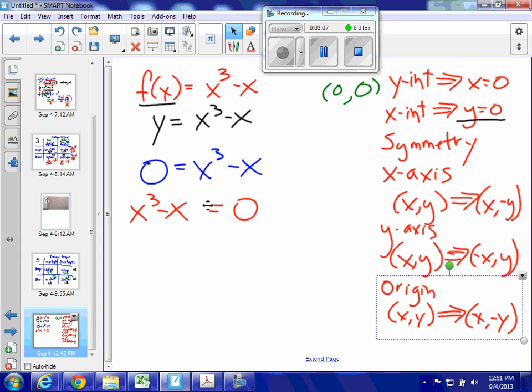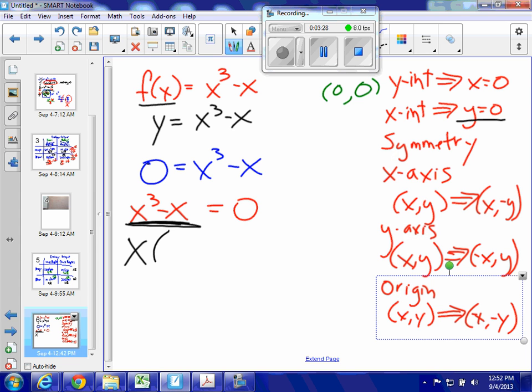So my algebra here is going to be this. Whenever I have a polynomial, and we will learn this later on as well, the first thing I should do to simplify it is to see if there are any common factors of both the terms, and there is: x.